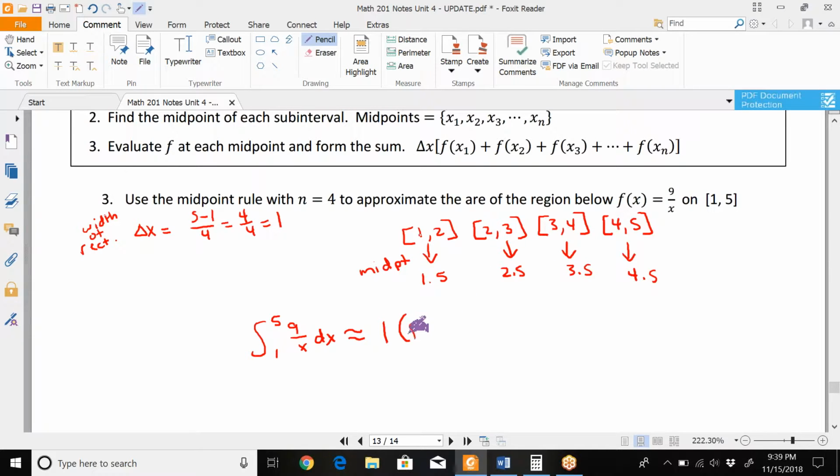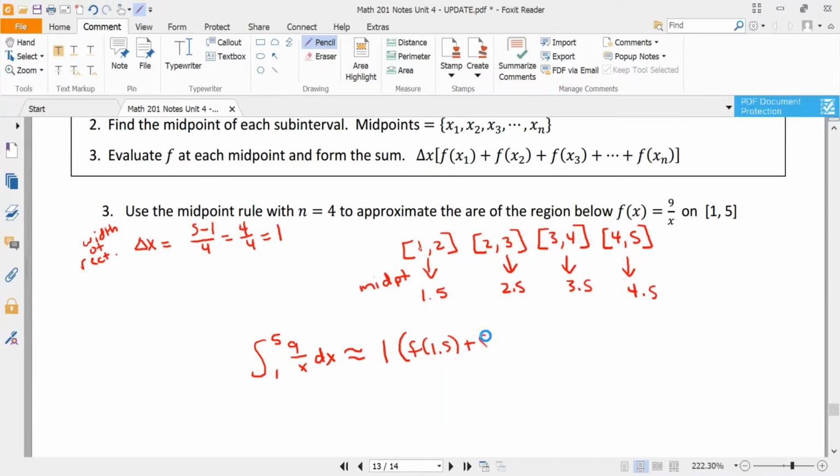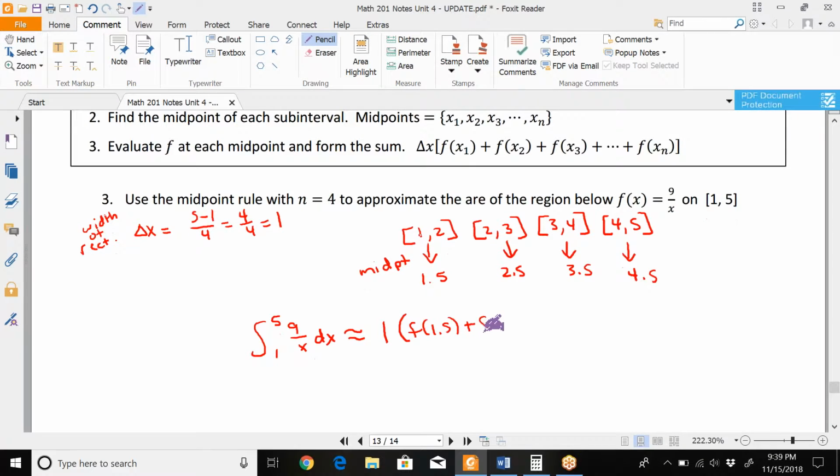So f of 1.5 plus f of 2.5 plus f of 3.5 plus f of 4.5.